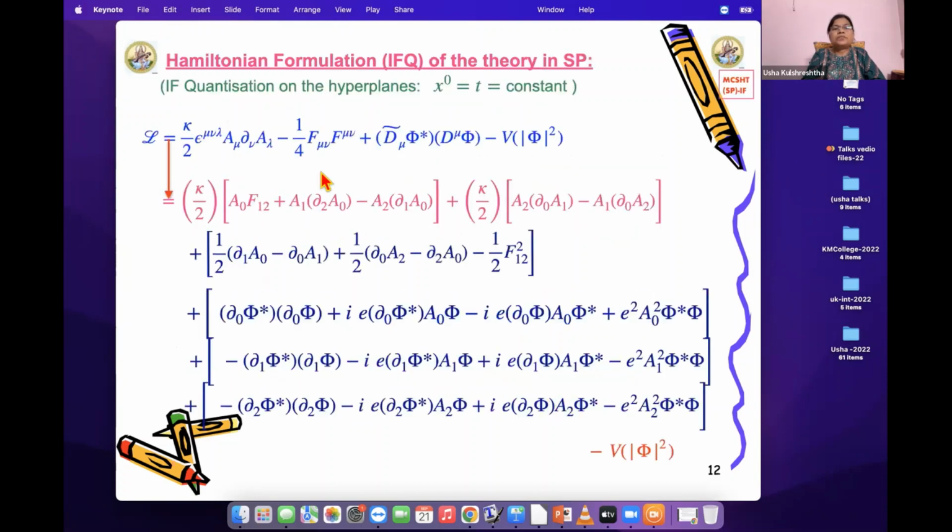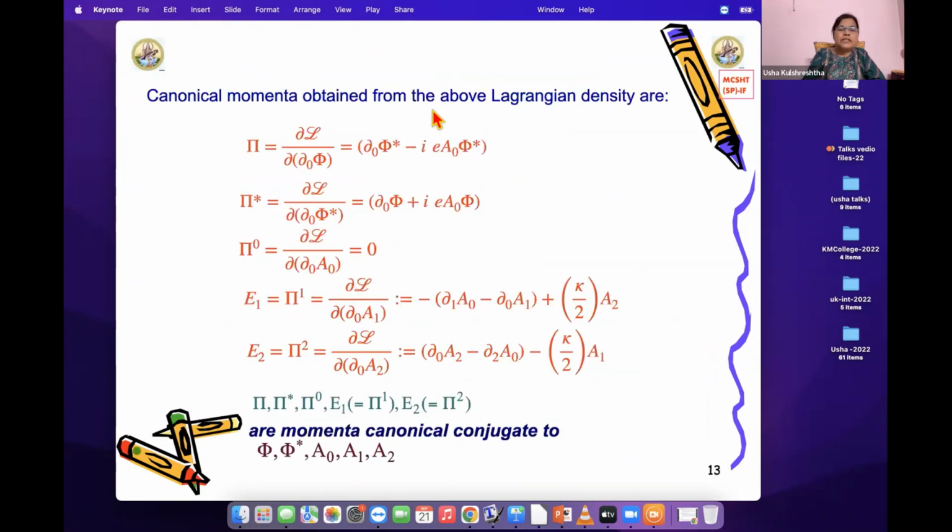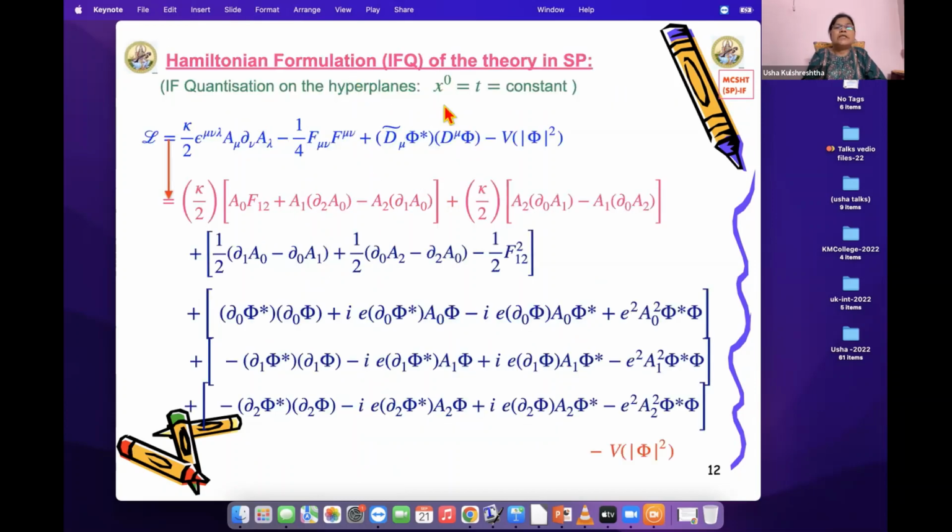Now, first of all, let us come to the theory in the symmetry phase, where we study this theory in instant form, on the hyperplanes defined by the instant form time x0 equal to constant.